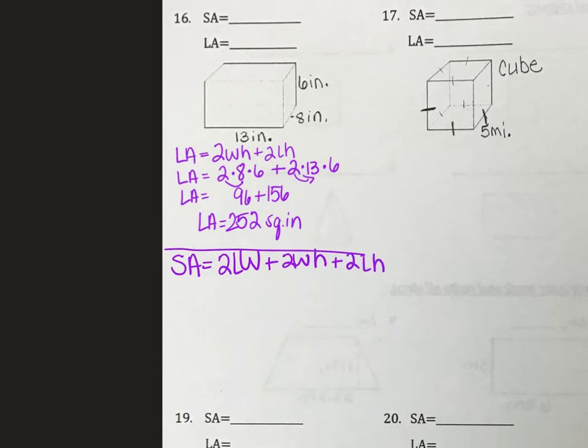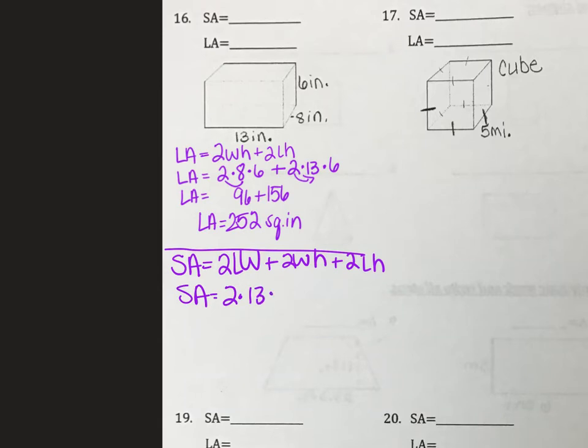Now look at this. Would you agree that this is the same as this right here? Okay, watch. Imagine. So SA equals 2 times, what's your length? 13.